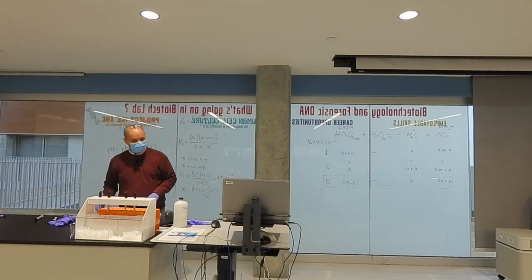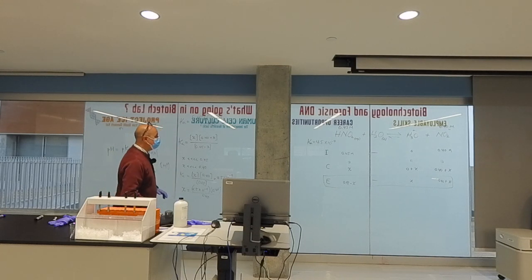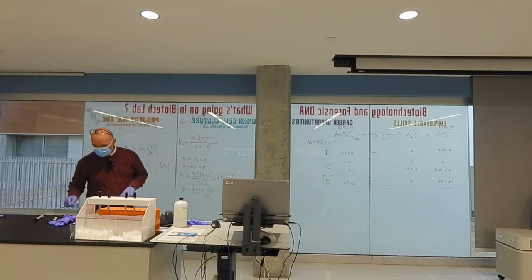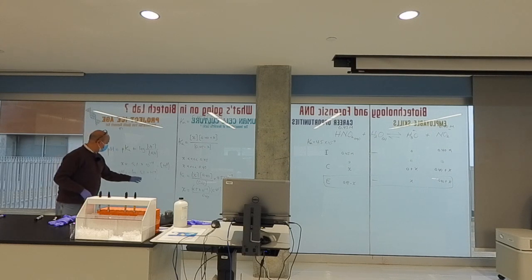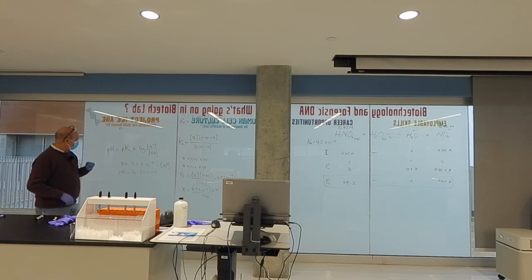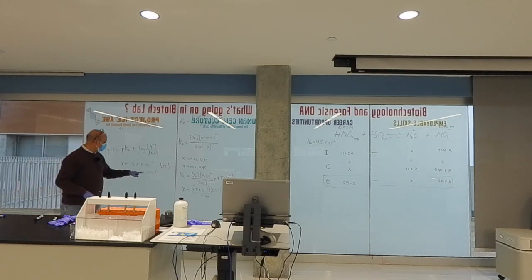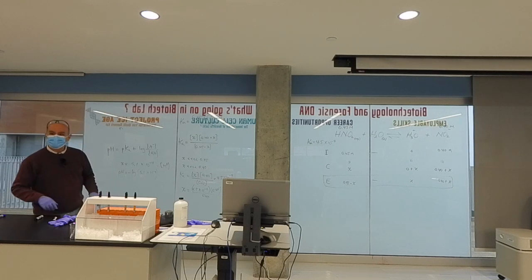We'll take a look at a couple, or at least one, and see if we can use an ICE table to answer those questions. So the pH is going to be what, about it should be between 3 and 5. 3.3. 3.3?